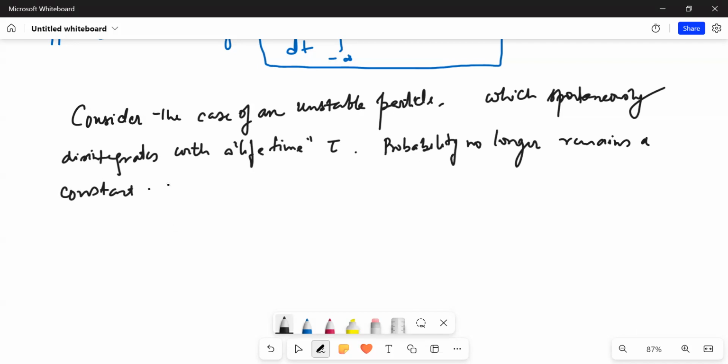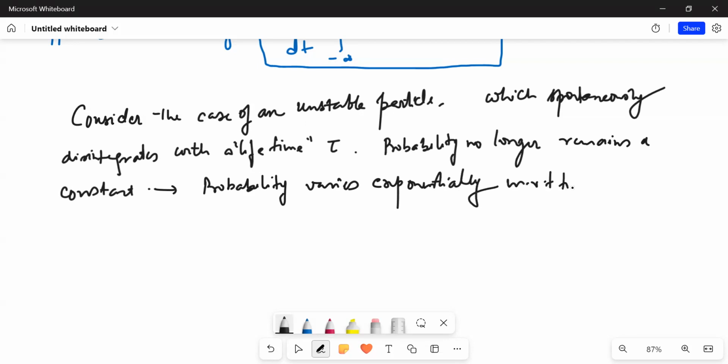In fact, you'll find that in these scenarios the probability varies exponentially as a function of time. This is something I'm going to do, don't worry. So it no longer remains conserved.